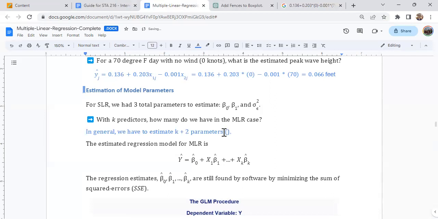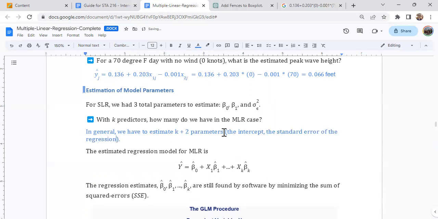So the intercept, the standard error of the regression model, and each of the k slopes, or the k betas. This is actually the square of the standard error of the regression model.